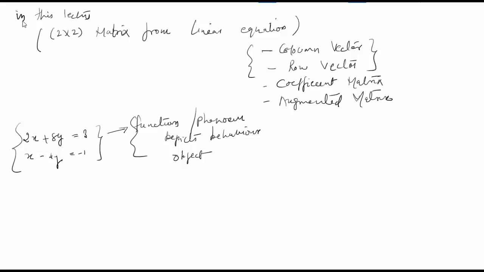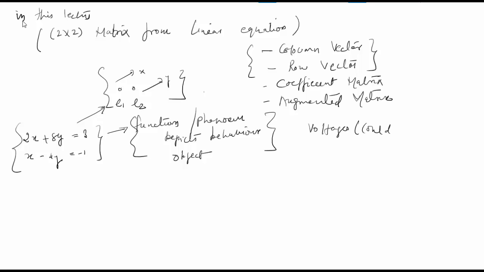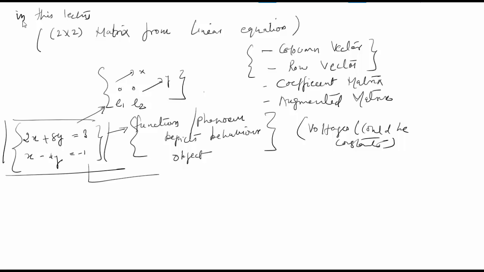In a real scenario, my variables could be the currents I1, I2, which could be my x and y, acting on a circuit, and my constants could be the voltages, etc. So this equation in real life would depict some kind of behavior of an object like an electrical circuit, or even a mechanical object, etc.